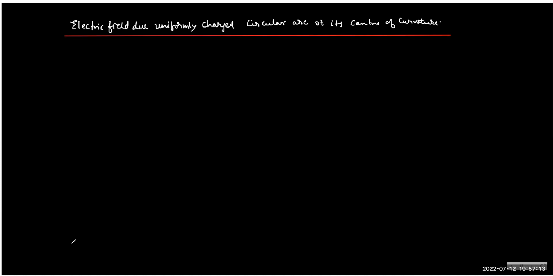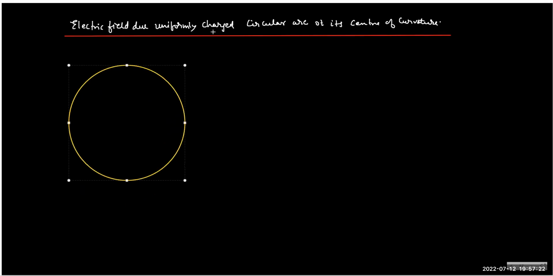We are supposed to find the electric field at this point. Let's draw any arc. We do not want the complete one, we just want some part of it. That's why I'm saying arc.